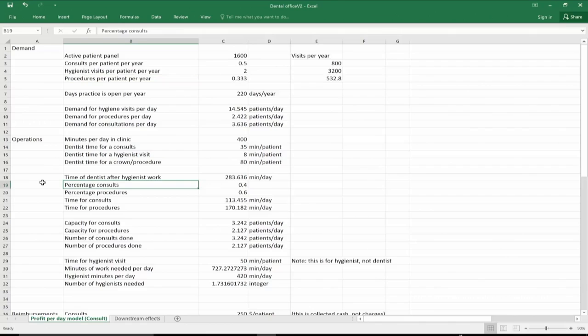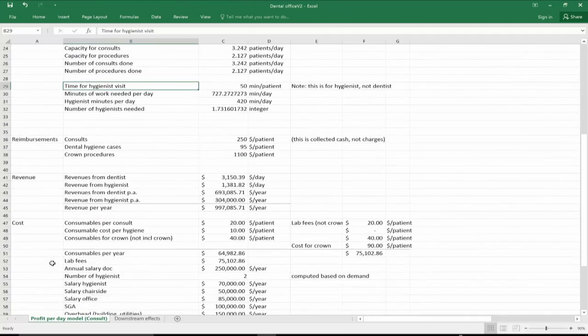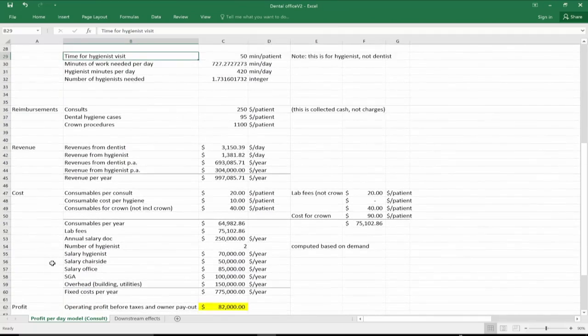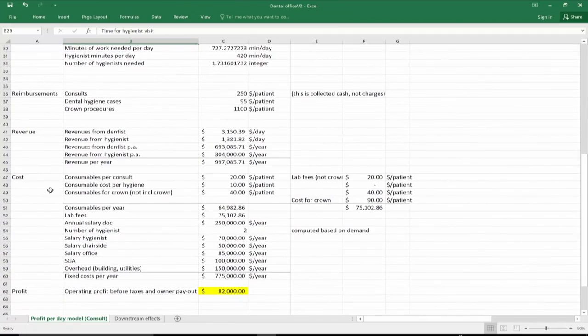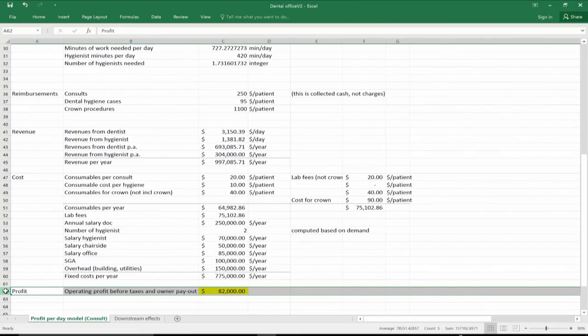I give hygienist visits priority, so procedures and consults can only happen once the capacity of those visits is considered. And then here you see the target manpower calculation for the hygienist. You see the procedure revenues and the hygienist revenues, and you see the expenses such as lab fees and utilities. That gets us to the number we care about, which is your operating profit.